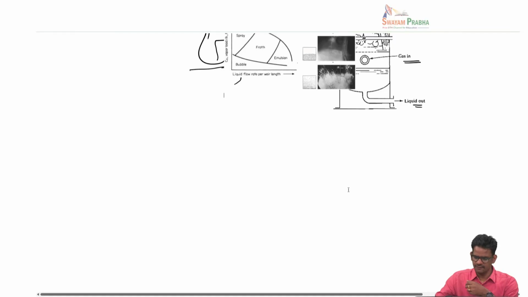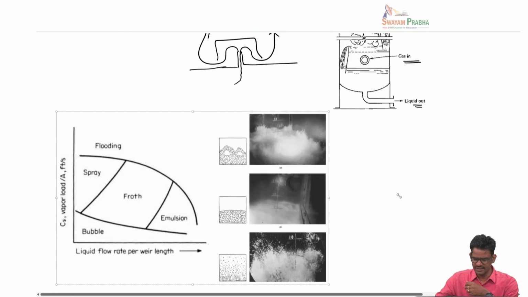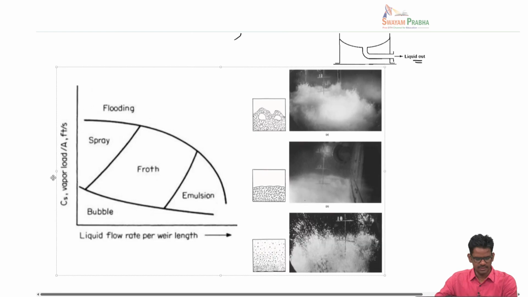So the flow regimes can be shown by this schematic. In fact, the flow regimes are pretty complex in tray column compared to packed column. So you'll see that on the y-axis vapor flow rate is mentioned, and on the x-axis we have liquid flow rate, and then we are looking at different possible flow patterns in the tray column.